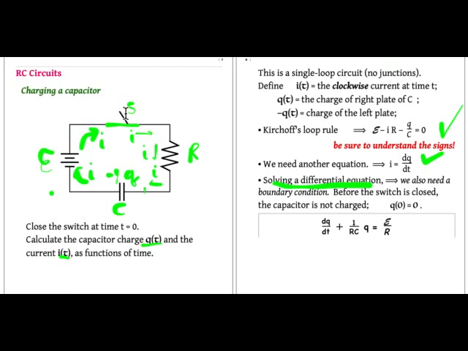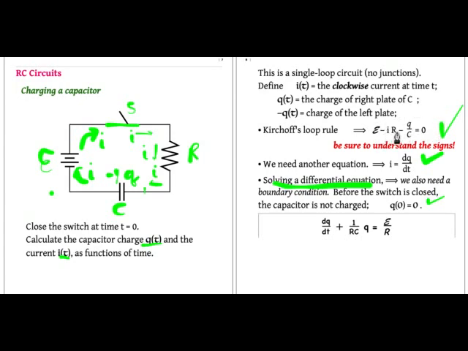Well, we said before we close the switch, the charge on the capacitor is 0. In other words, we're charging up the capacitor. So Q of 0 is 0, and that's the boundary condition. So substituting for I here, we end up with this differential equation, dQ/dt. Well, let's move E to the other side of the equation and change all the signs.